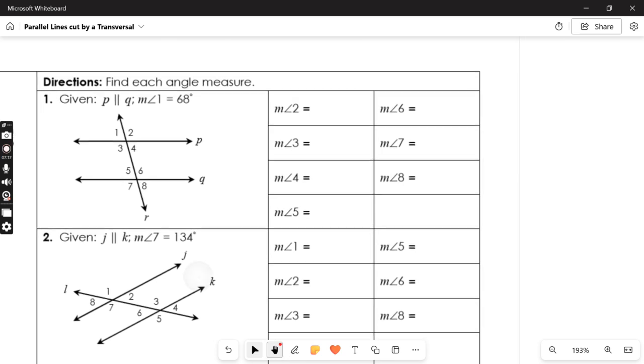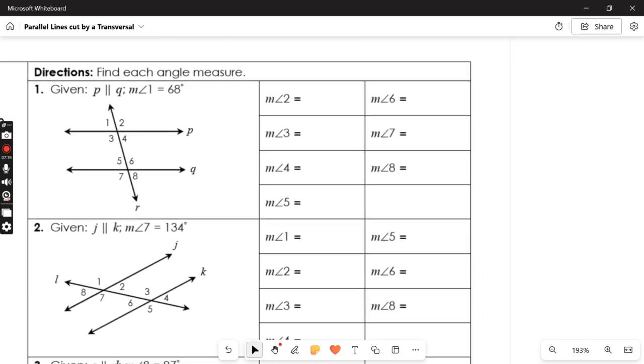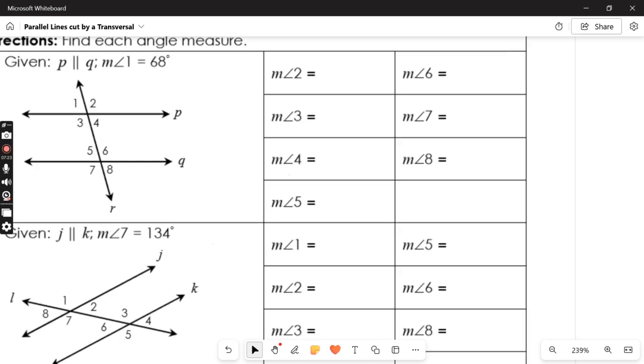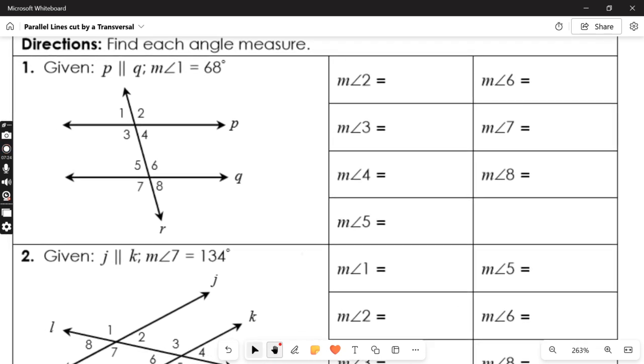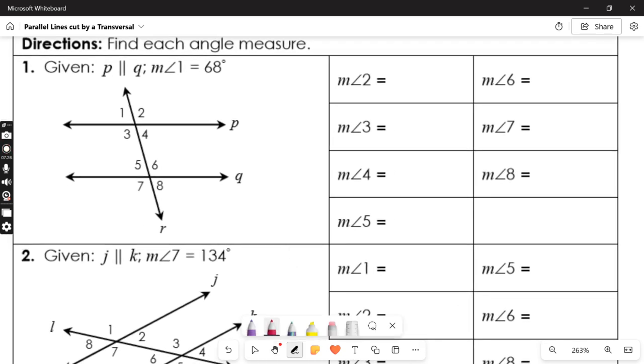All right, so now it says given that lines P and Q are parallel, angle 1 is 68 degrees. Find each angle measure. Angle 1 is vertical to angle 4, so that means it's 68.